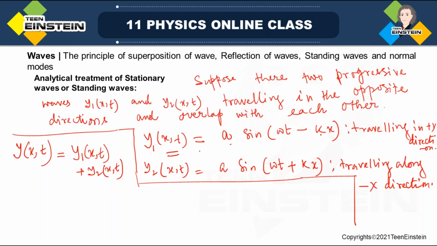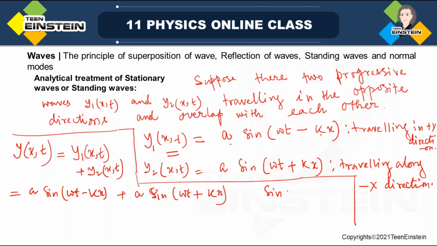Now if we want to add these, we have A sine(omega t minus kx) plus A sine(omega t plus kx). So we have a trigonometric identity.